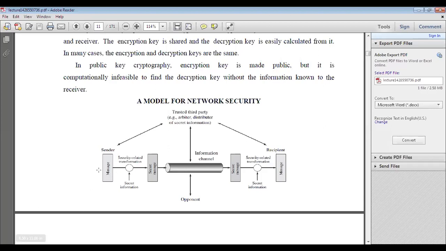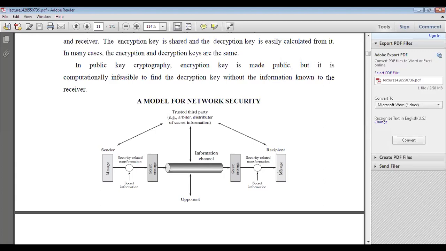While communicating this message to the receiver, first the message, which is plain text, is converted into ciphertext, which is a secured message. This secured message is communicated through the communications channel, and once the receiver receives the ciphertext, it is converted back into plain text with the key.